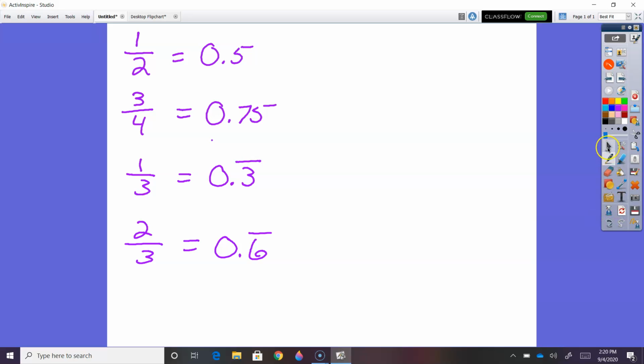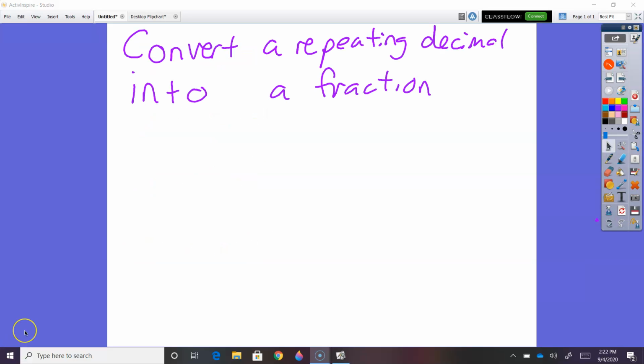Our main topic was how to convert a repeating decimal into a fraction. You may want to get out a sheet of notes, copy this down, and go along with us.